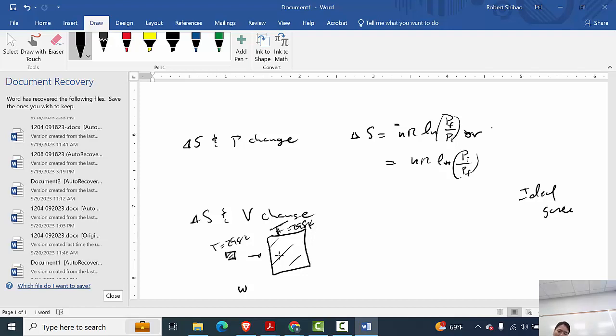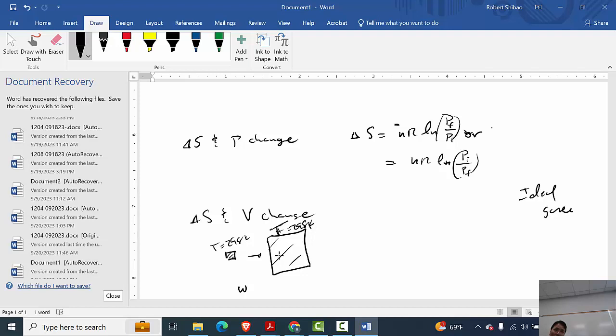Do you guys remember isothermal versus adiabatic? Yeah, Tristan remembers. Anybody else remember? What was isothermal? Constant temperature. Adiabatic?